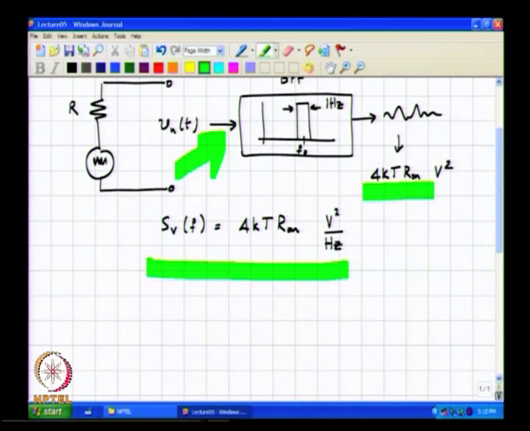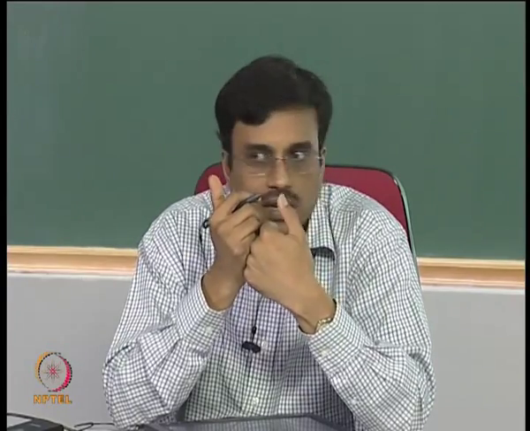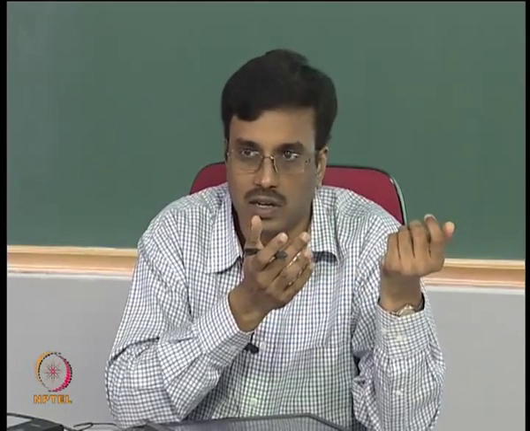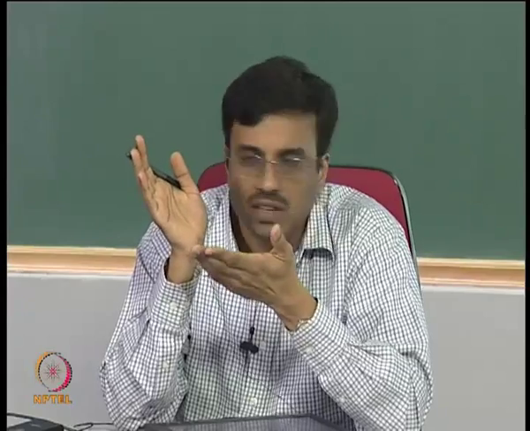Finally, what is the band pass filter doing? It is taking a signal and only selecting those frequencies around f naught in a narrow bandwidth of 1 hertz. Now, regardless of what I make f naught, if I am getting the same power at the output, it means that the input process which is driving the band pass filter has a strength which is independent of frequency, correct.